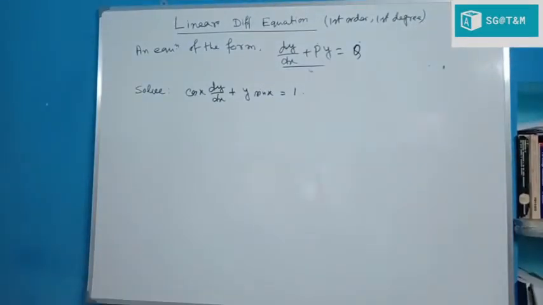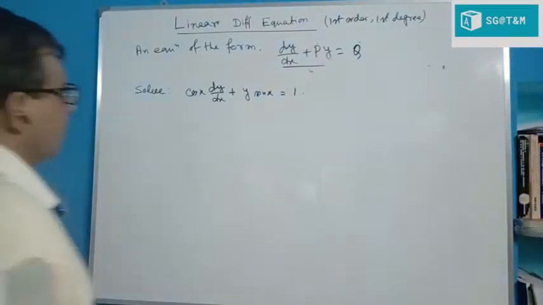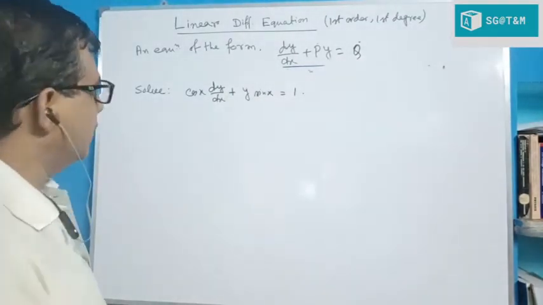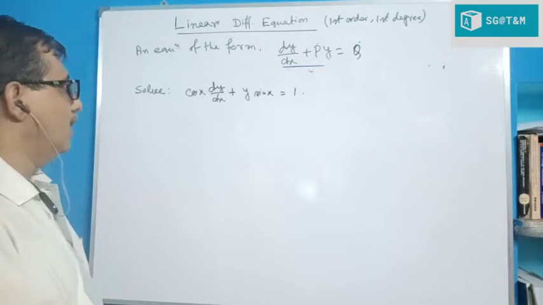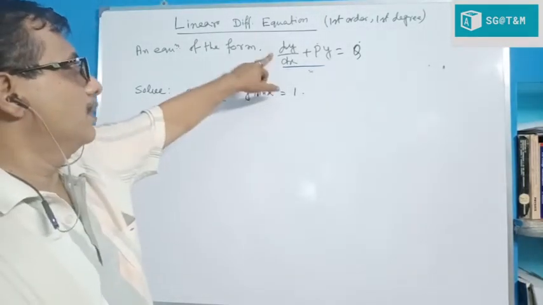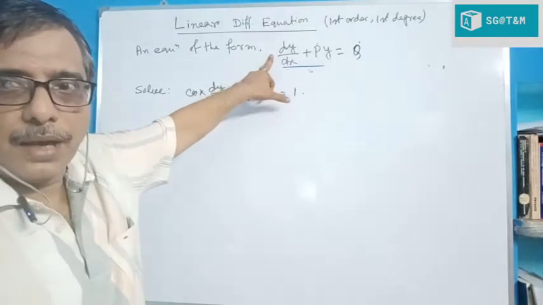We take the equation: solve cos x dy/dx + y sin x = 1. It is not yet in linear form. For linear form, the coefficient of dy/dx must be plus 1.